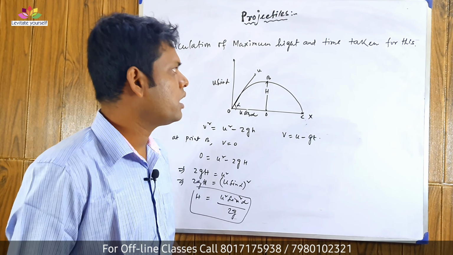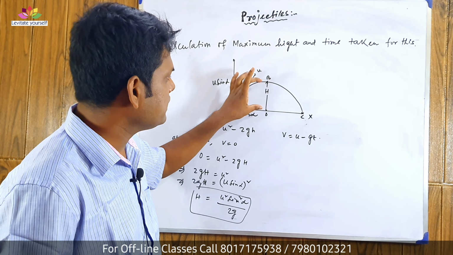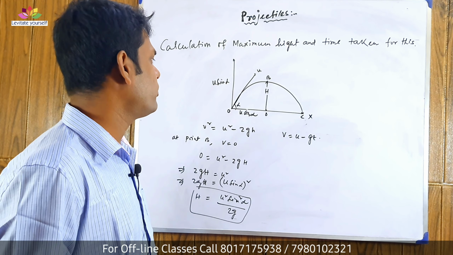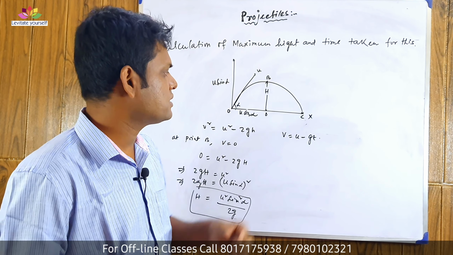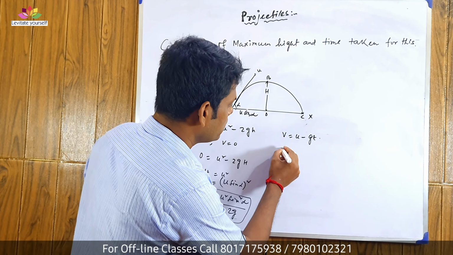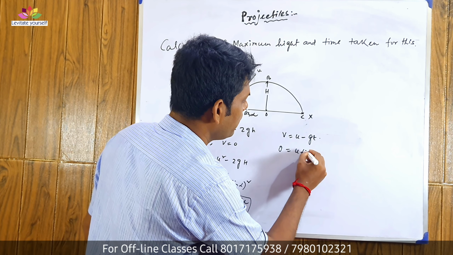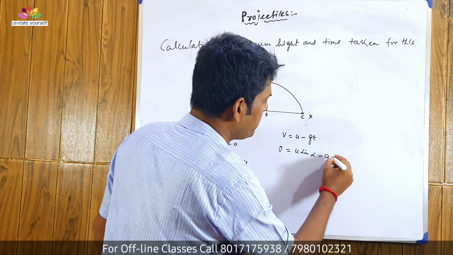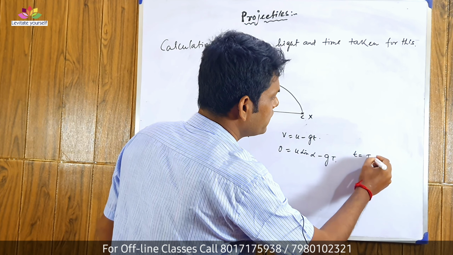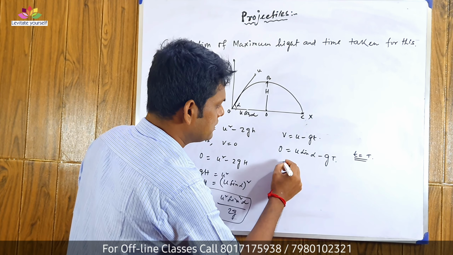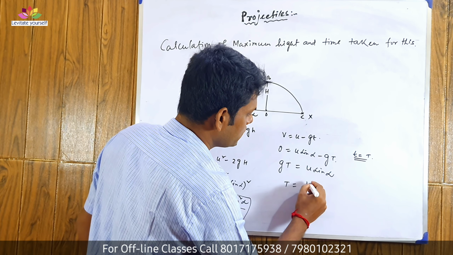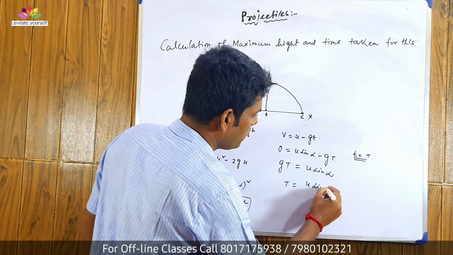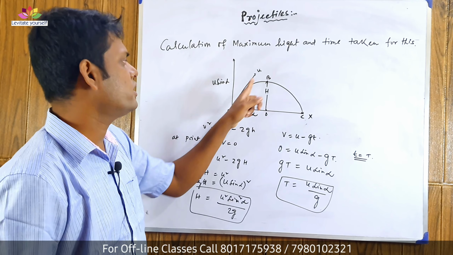I calculate the time taken to reach the maximum height at point B, where v is equal to 0 and u is equal to u sin alpha. Suppose t is equal to capital T. So gT is equal to u sin alpha, and T is equal to u sin alpha by g. This is the equation for the time taken for the particle to reach point B.